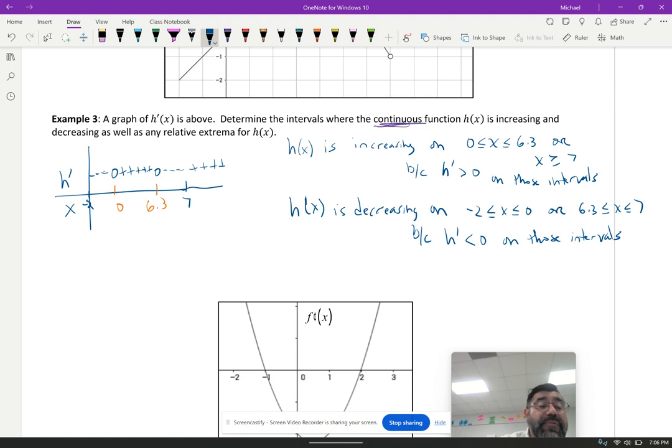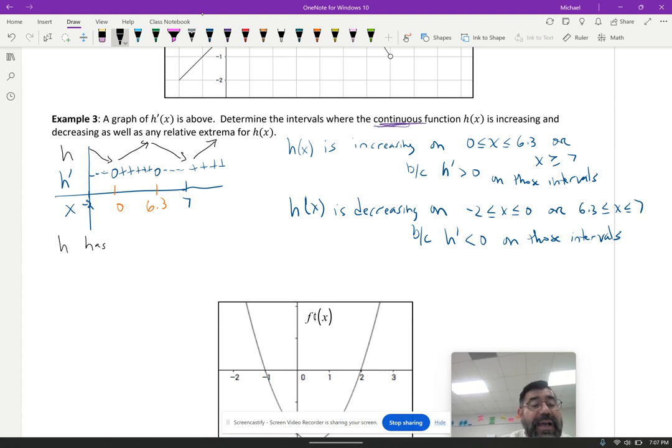Are there any relative mins or maxes? So if I draw H, according to this, I have negative slopes, positive slopes, negative slopes, positive slopes. So what's going on here? Well, I think I have a relative minimum at x equals 0 and at x equals 7.